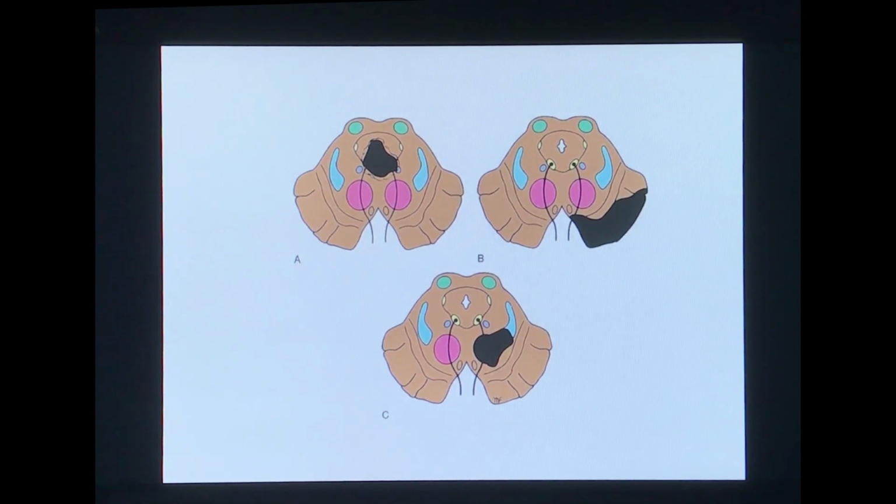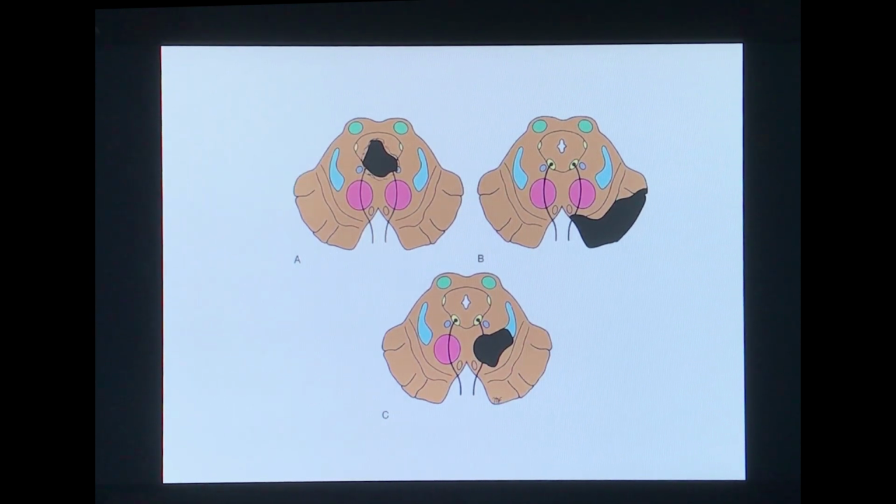So CSF gets accumulated there because it is not passing to the fourth ventricle, from which it goes to the subarachnoid space where absorption takes place through arachnoid villi. Since there is no movement of CSF and it is accumulating in the lateral and third ventricles, there will be enlargement of the ventricles, and that leads to a condition called hydrocephalus, which is the main sign and symptom in this condition.